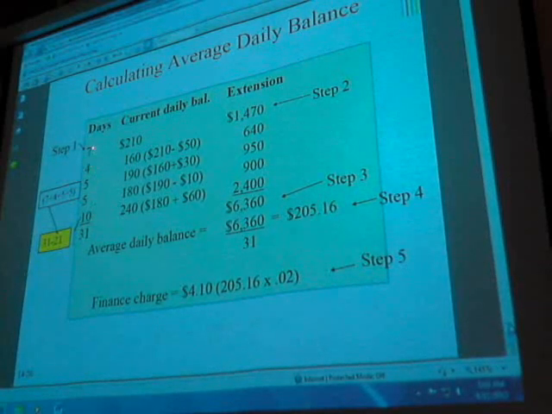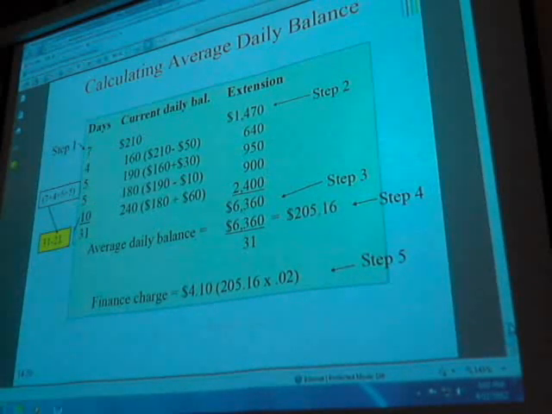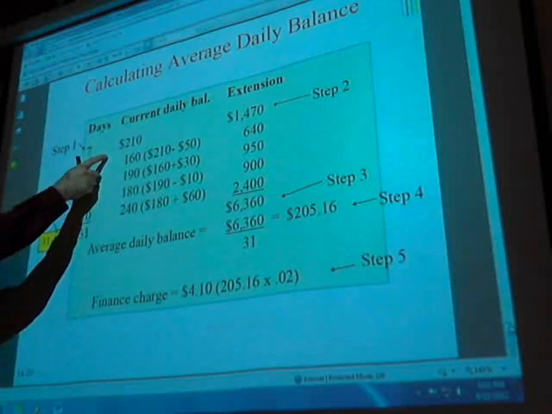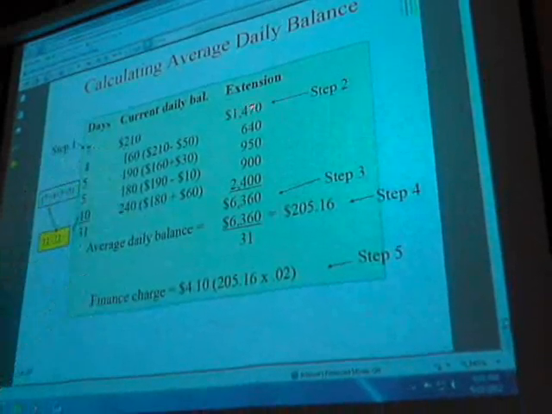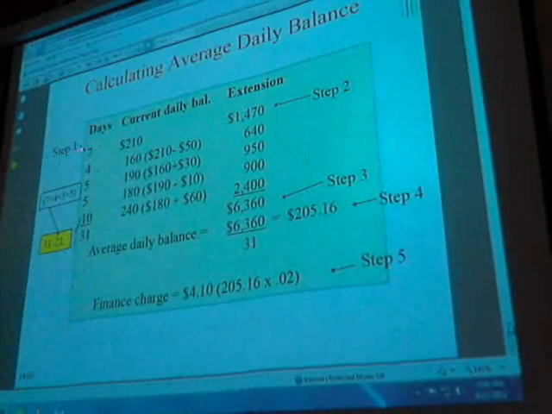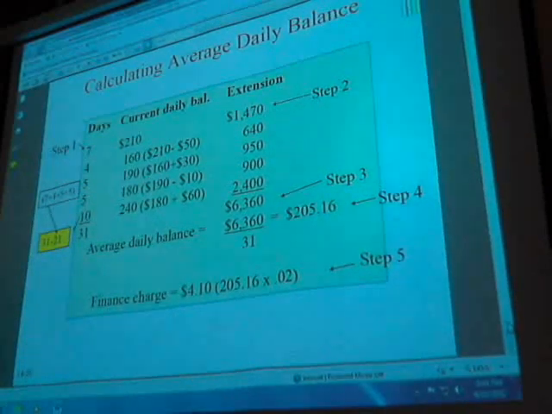For the first 7 days of the billing cycle, we didn't do anything, so the balance stayed at $210. Now imagine a multiplication sign right here. 7 times 210 is 1470. That's what's happening here all the way across.